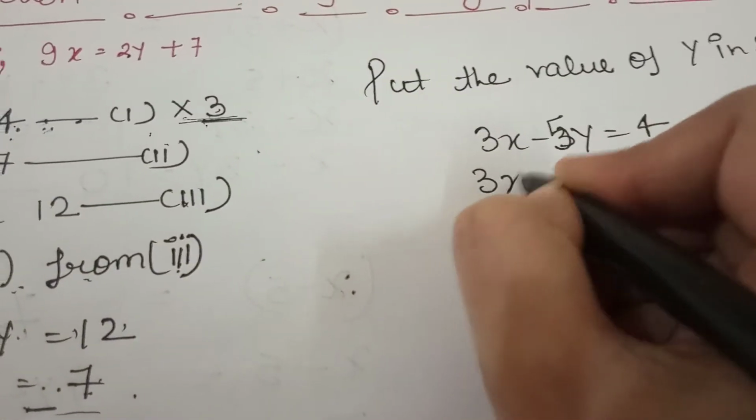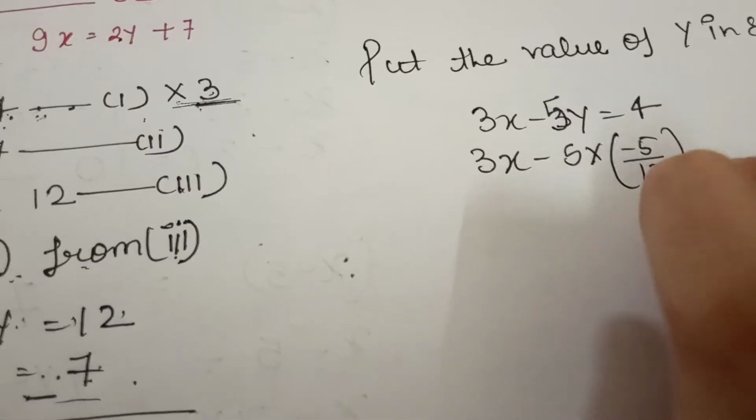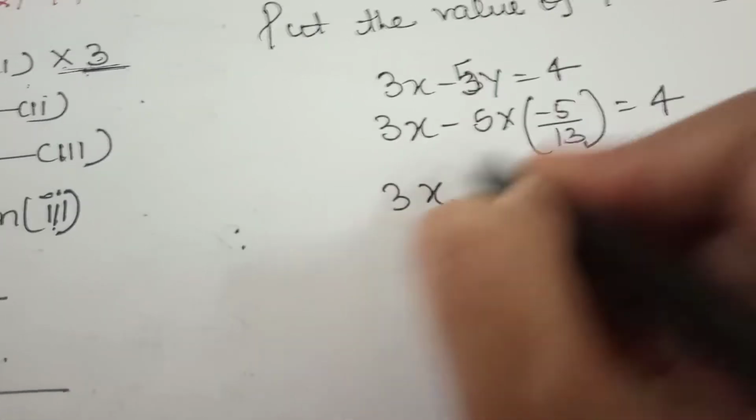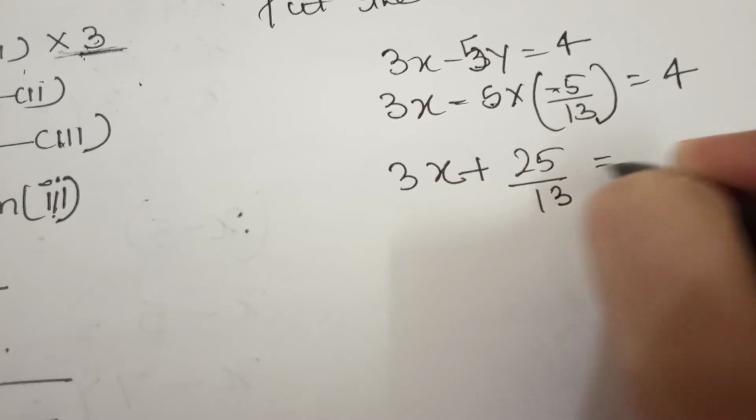So 3x minus 5 into minus 5 upon 13 equal to 4. ठीक है. So 3x minus minus plus 5 into 5, 25 upon 13 equal to 4.